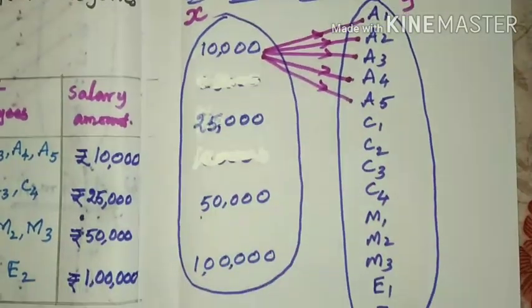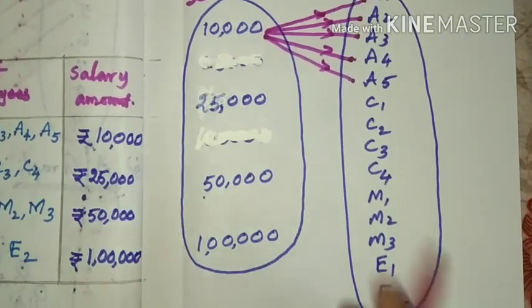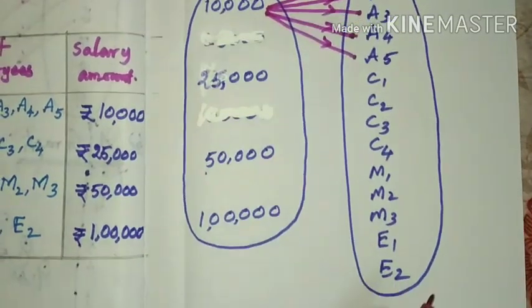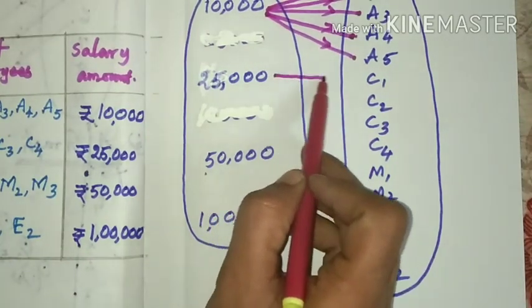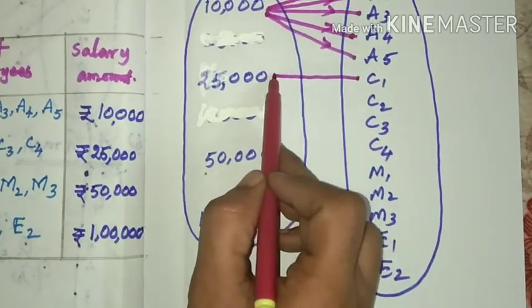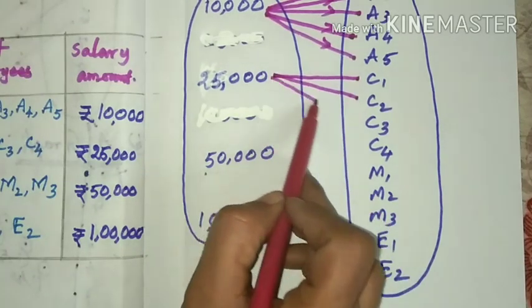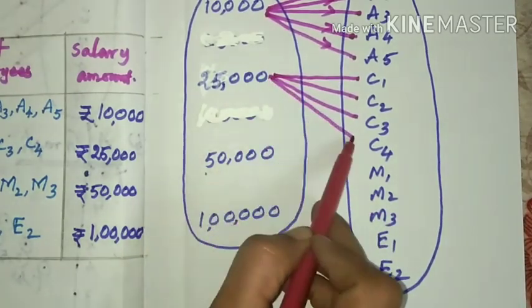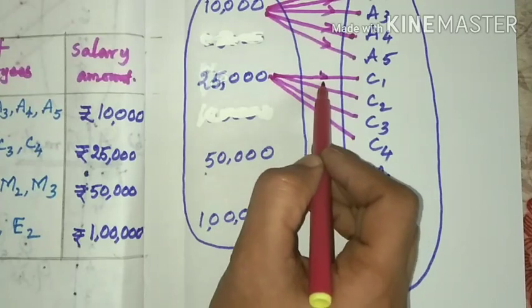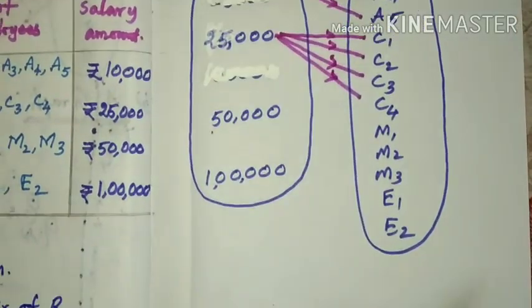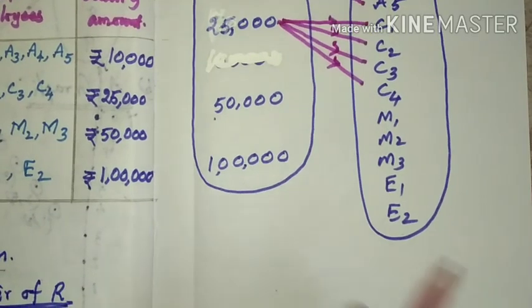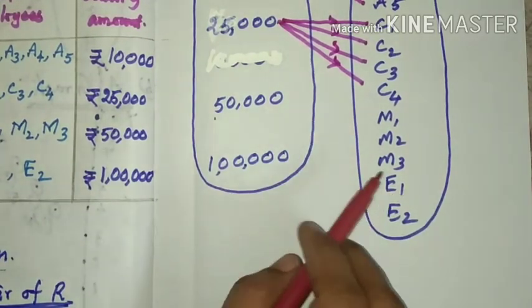Then next, 25,000 related to each person of the clerk category. Then 25,000 related to C1, C2, C3 and C4. Then 50,000 related to each person of the manager category.